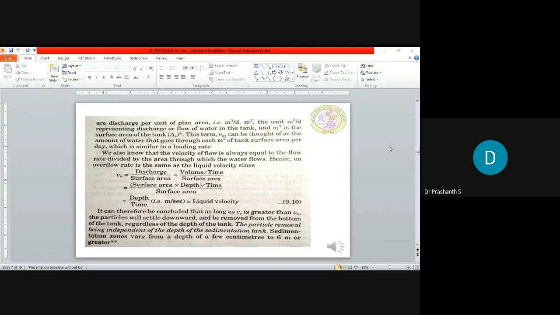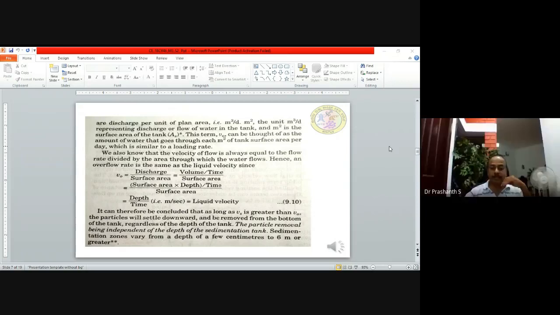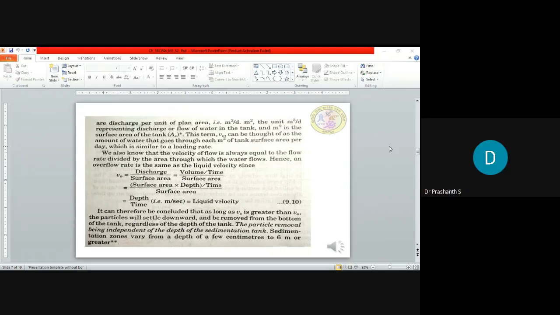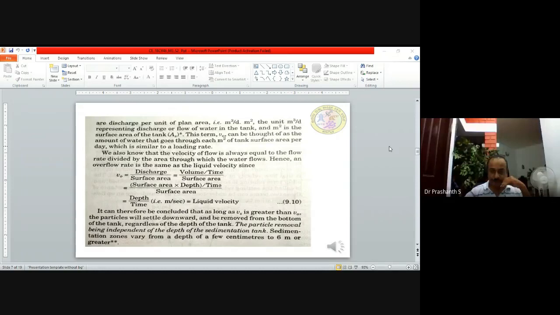It can therefore be concluded that as long as Vs is greater than overflow rate V naught, the particles will settle down and be removed from the bottom of the tank regardless of the depth of the tank. The particle removal being independent of the depth of the sedimentation tank, sedimentation zones vary from a depth of few centimeters to 6 meters or greater. So this is what you have to understand in this.